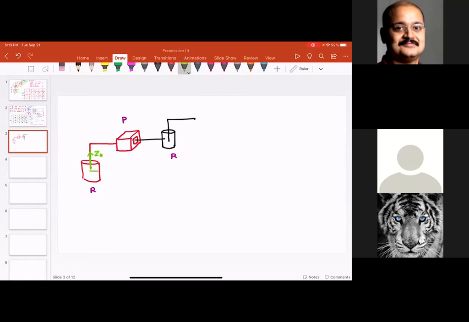This is Z0, this is X0, this is Y0, Z1, Y1, X1, Z2, Y2, X2, Z3, Y3, X3. This is the end effector.